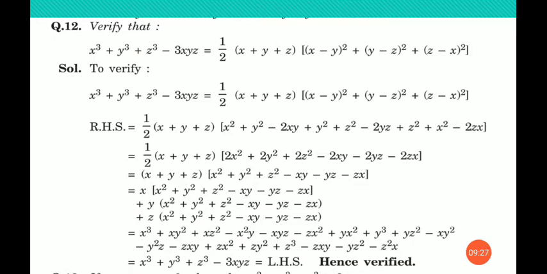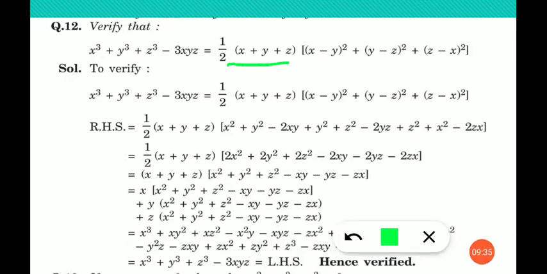Now one important point that I want to tell you here: what happens if x plus y plus z is equal to 0? Think, if x plus y plus z is equal to 0, then what happens? This whole term will become 0.